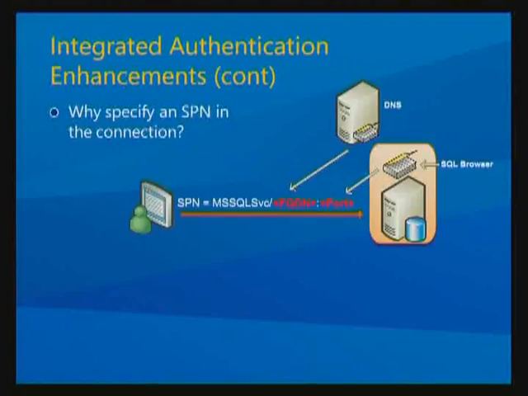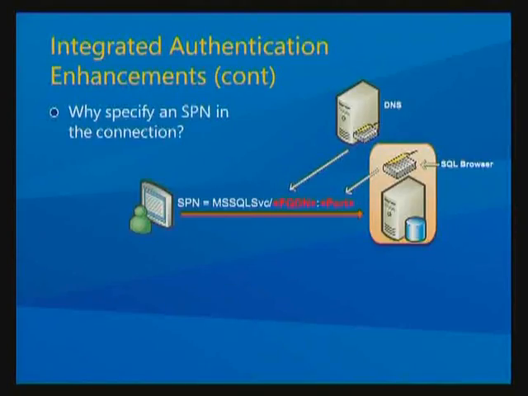If you look at how the SPN typically is resolved, you have to go out to the DNS server. And I'm not sure how much you keep up on this, but there's a lot of DNS server attacks that go on in the world. And therefore, the DNS server information returned to you is potentially untrusted. Similarly, if you resolve the port number, for example, with the SQL browser, that's an unauthenticated protocol.